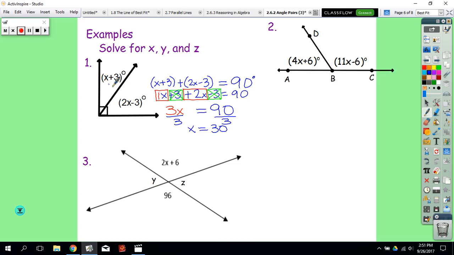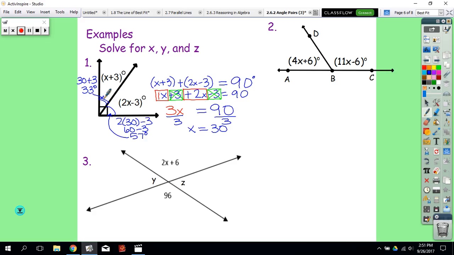So we would have 30 plus 3, which is 33 degrees. And then over here we would have 2 times 30 minus 3, which is 60 minus 3, or 57 degrees. So this angle here is 57 degrees, and this angle here is 33 degrees.